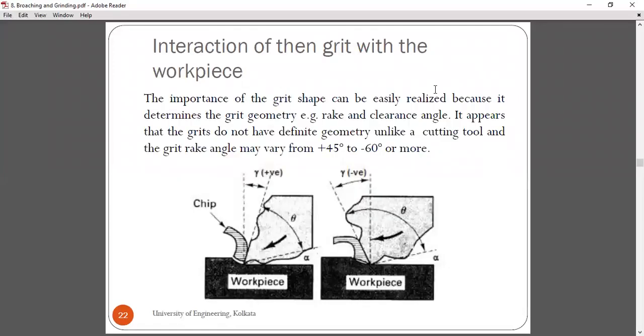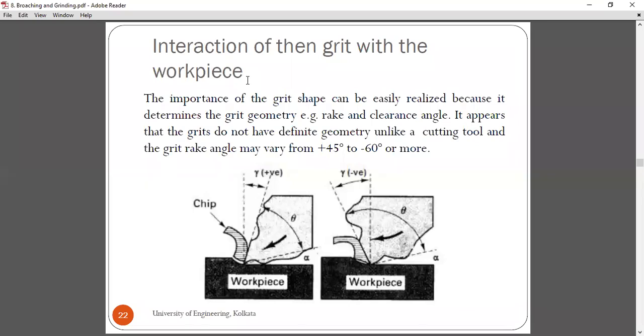Now, in the interaction of the grit with the workpiece, in case of the single point cutting tool, we have seen that the tool can have positive rake angle, zero rake angle or negative rake angle. However, in case of a grit, we cannot specify properly the geometry of the grit, that is the exact angle for each of the grits for rake and clearance angles.